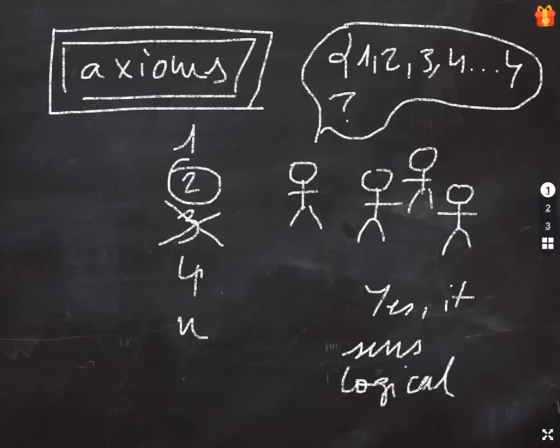Now, this example probably is a little bit counterintuitive and not very useful, because I told you that I want to build up the whole natural numbers departing from zero, from the absence of everything.